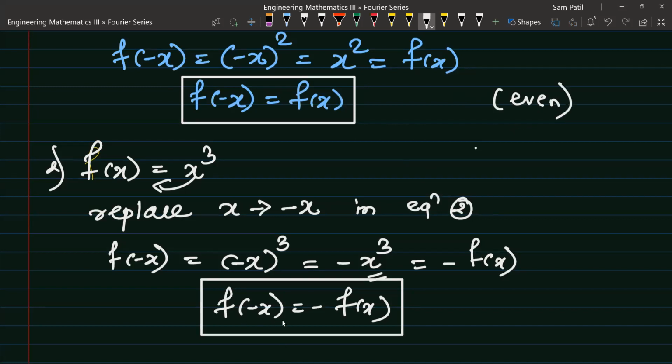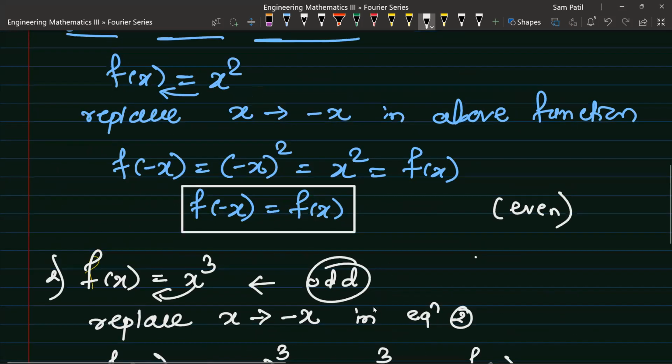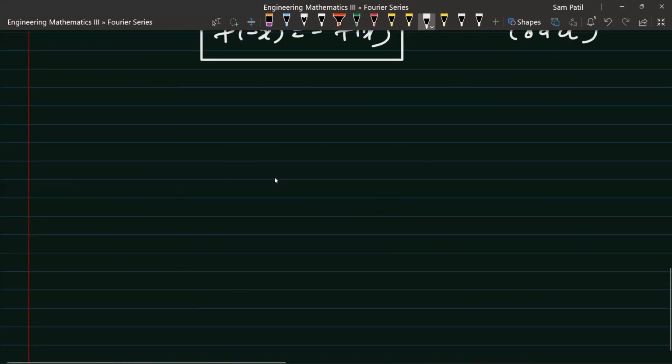If we replace x by minus x and the function becomes minus f(x), then it is odd. So f(x) equal to x³ is an odd function because f(−x) is equal to −f(x), and f(x) equal to x² is an even function. This is a very important concept to solve the examples based on the Fourier series. Is there any doubt? No, sir.